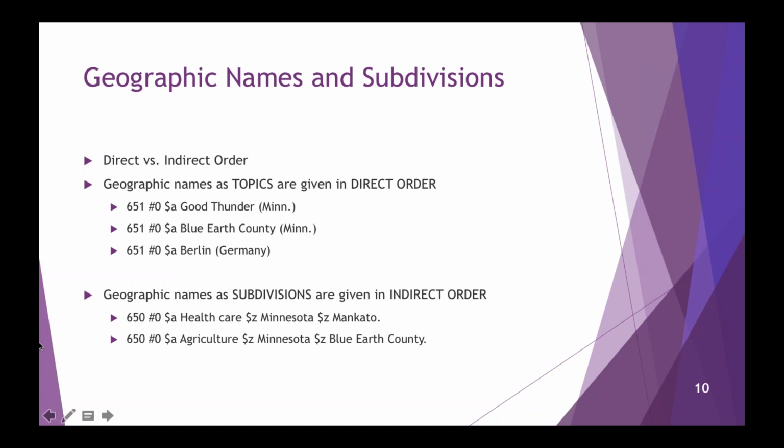So the town where I actually live is called Good Thunder. It's in Minnesota, and right now what we are doing is we use the state name or the province name or the country name, depending upon what we're dealing with, as the qualifier. So that's why we have Minnesota with the English abbreviation in the parentheses.